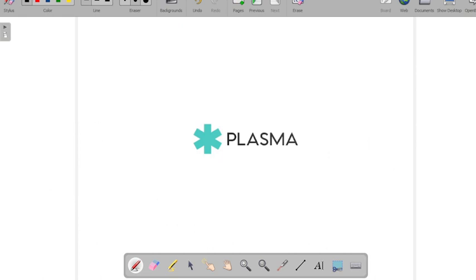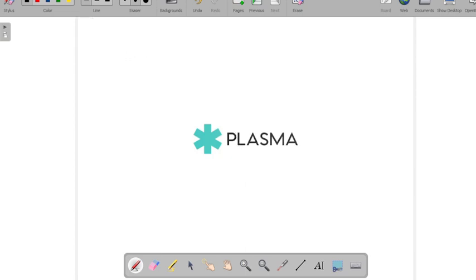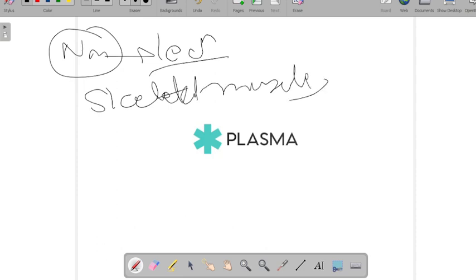Now, nicotinic M receptors, their location is in skeletal muscle, neuromuscular end plates.